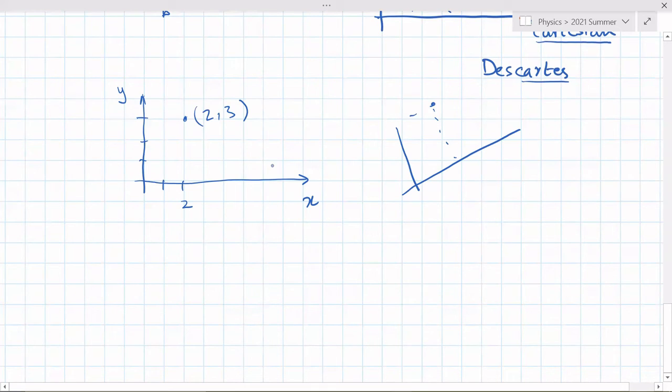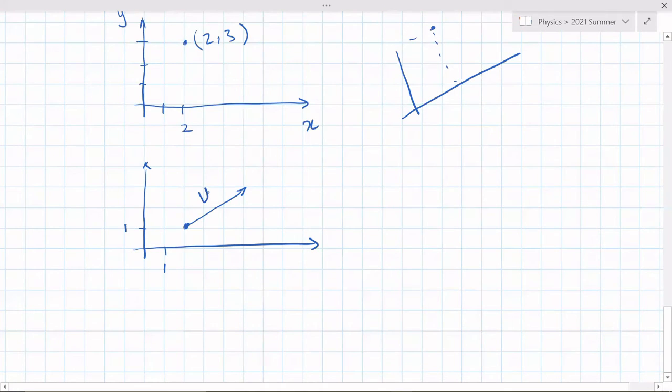Also in physics, this is called a frame of reference. So you place an origin somewhere and you place the direction, the axis along some, and then you can talk about the coordinates. This is vector V, let's say. What we do is we identify the components of the vector along the x direction and the y direction. So I can think of this vector as a result of adding two vectors. One is along the x-axis, the other is along the y-axis.